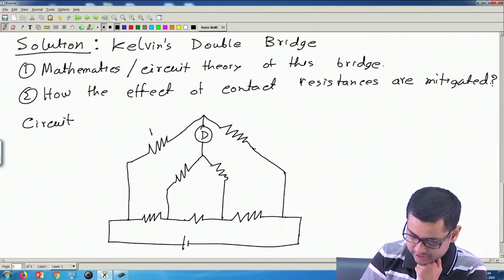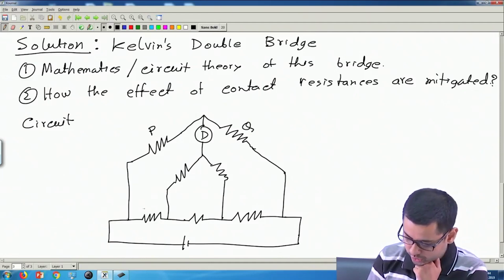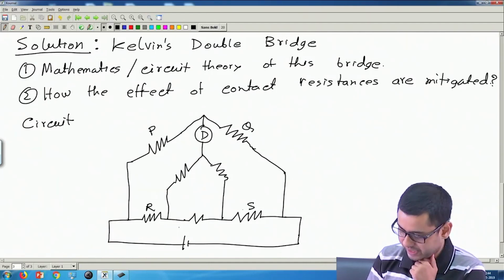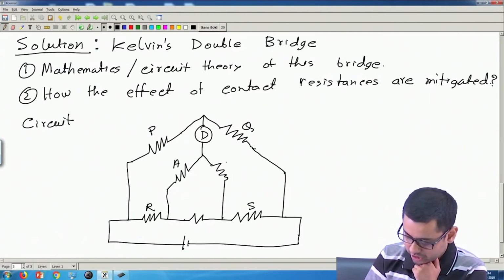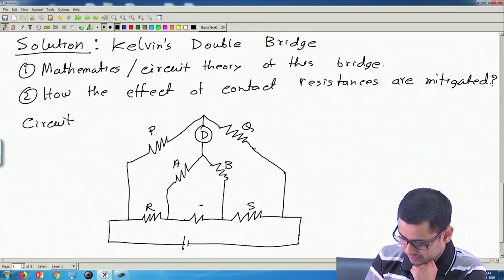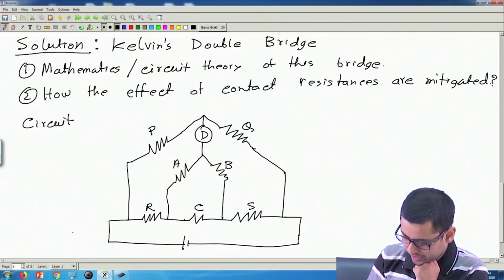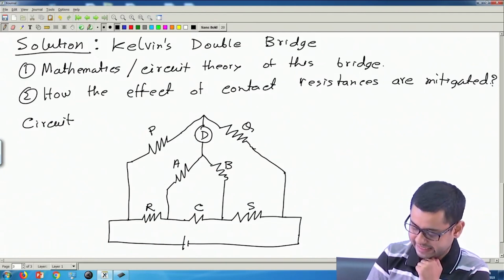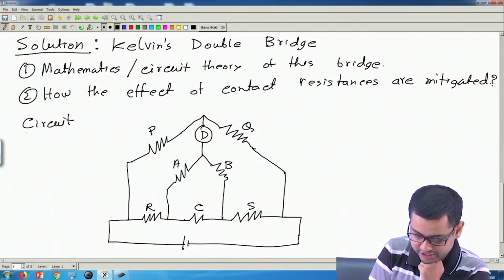Let me call this resistance as P, this as Q, this as R, this as S, call this as A, call this as B, and call this as C. Okay. So, the power supply is here and the detector is here. So, this is the bridge.